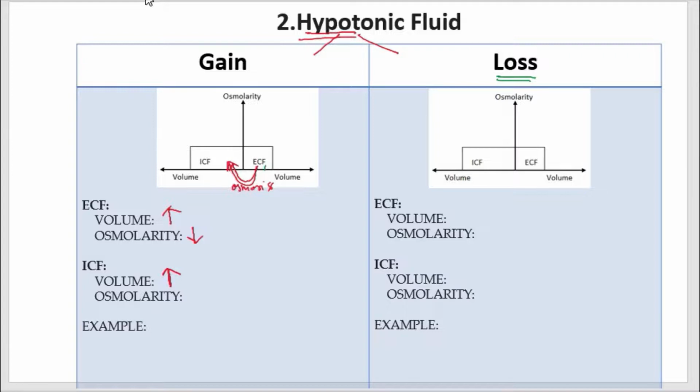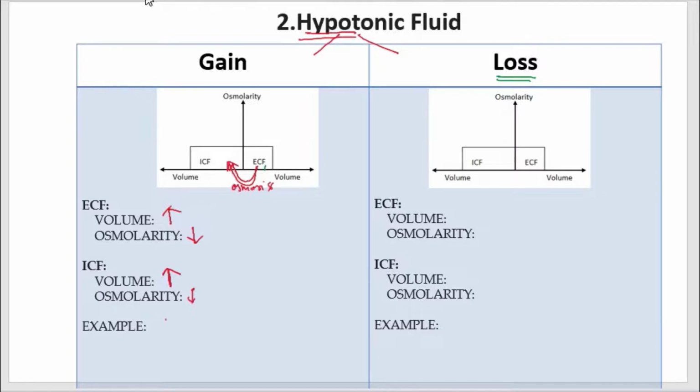Because the solution is hypotonic, the osmolarity of ICF is going to decrease in the case of gain. In the case of loss, the ICF volume decreases.